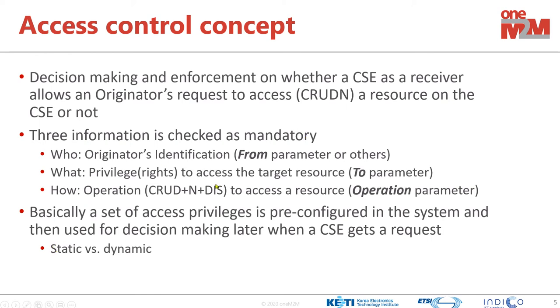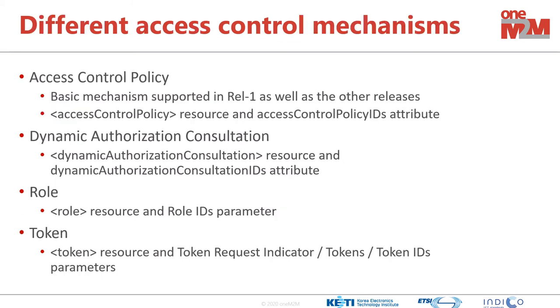The ordinary one, which is the access control policy resource type, is the static, basic one. In release 2 we added another mechanism to dynamically configure the access privileges, and then we can use it.